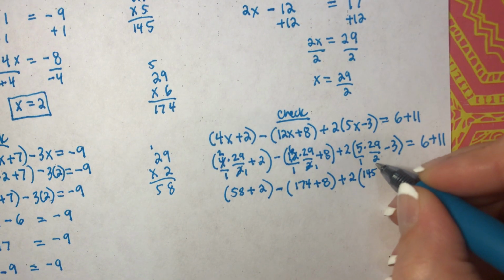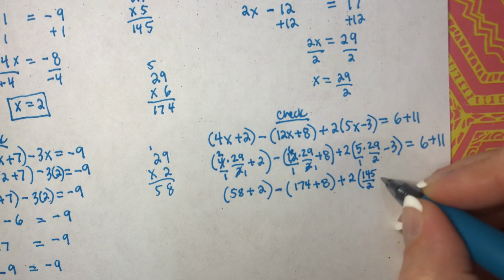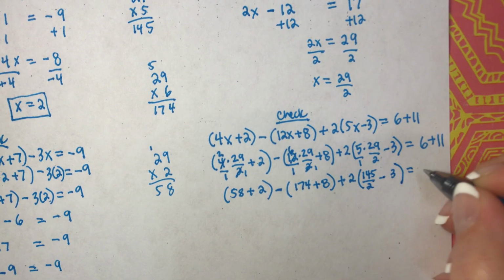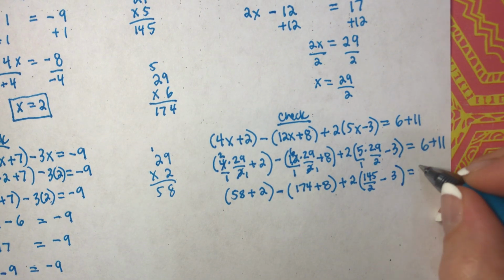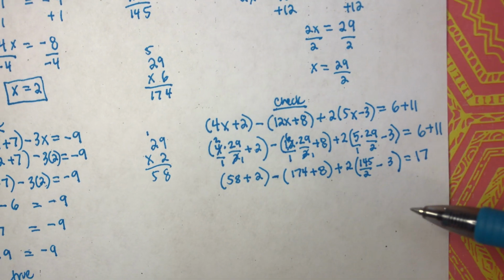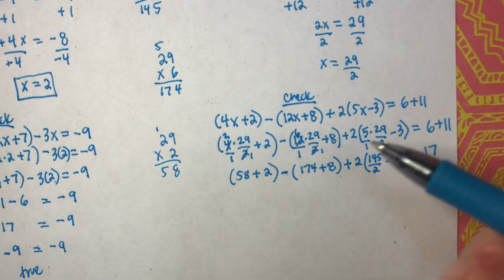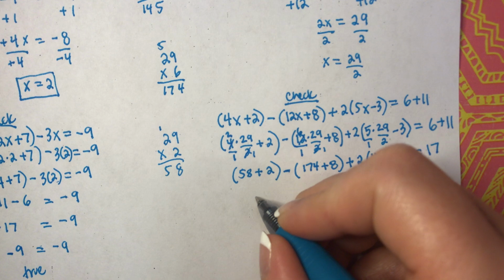And then 1 times 2 is 2, minus 3 equals, we can simplify this side of the equation. 6 plus 11 is 17. All right, so now we have a bunch of parentheses still. We need to simplify those. So this first one, 58 plus 2 is just 60.